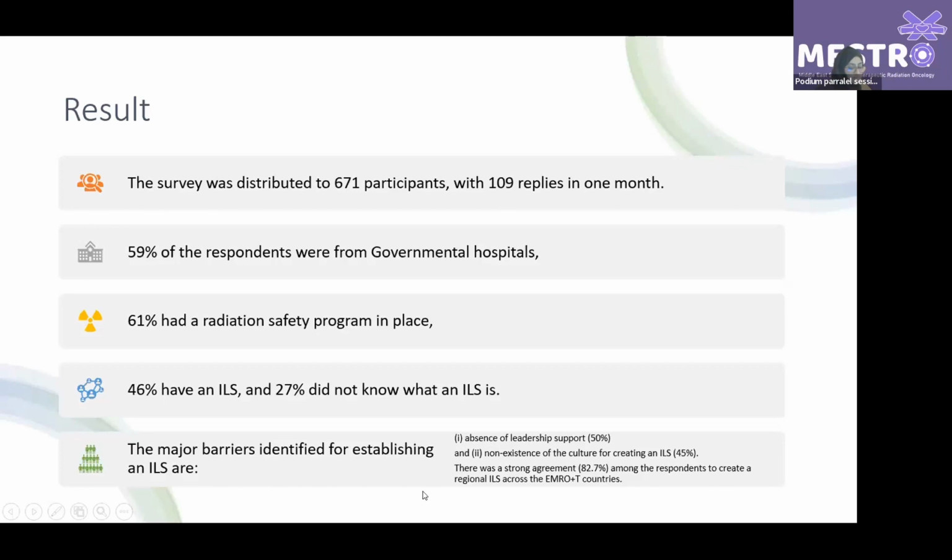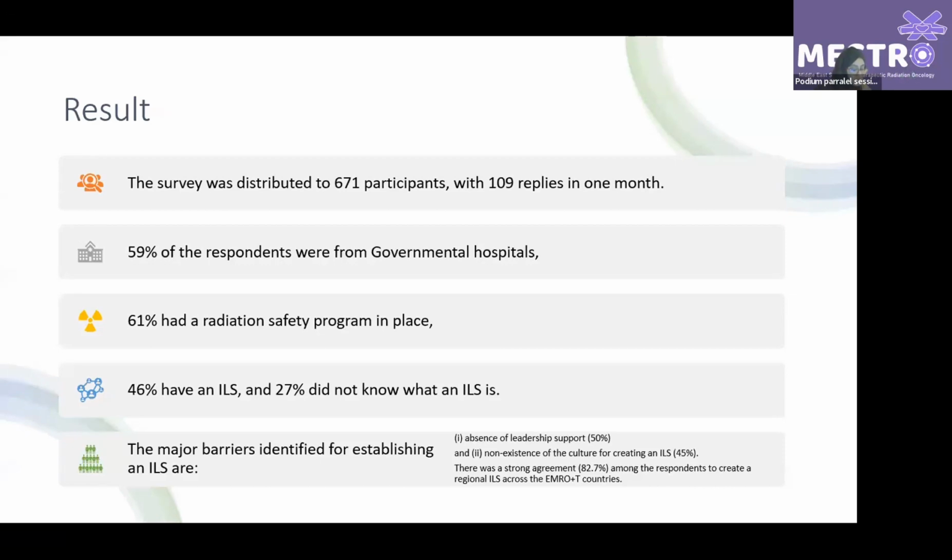Interestingly, the survey was distributed to around 671 people. By the time I was preparing this presentation, there were 109 replies in 1 month, and 59% of the responses were from government hospitals, and 61% had a radiation safety program in place. 46% have an incident learning system. 27% of them don't even know what an incident learning system is.